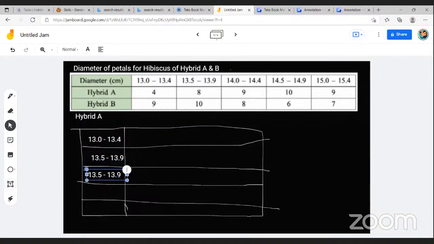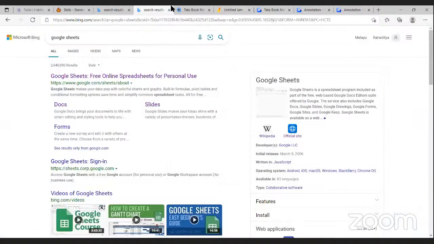So we start from here, 14.0, and so on and so forth. I think you can kind of get how to do the table. Now, the next part you need to do is find the midpoint. This is important. The midpoint is going to be important for calculation of mean later on. So they're asking us for this part.